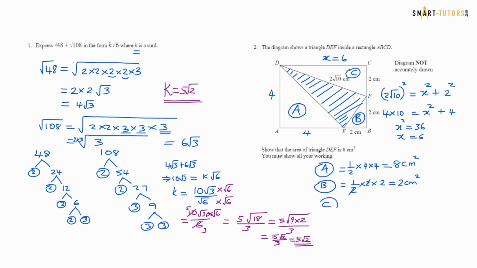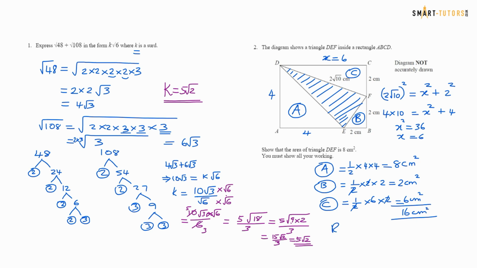And C is half base is 6 and the height is 2, and 2 and 2 cancel, this is 6 centimeters squared. And if I add everything together, 8 plus 2 is 10, 16 centimeters squared is the area of ABC.